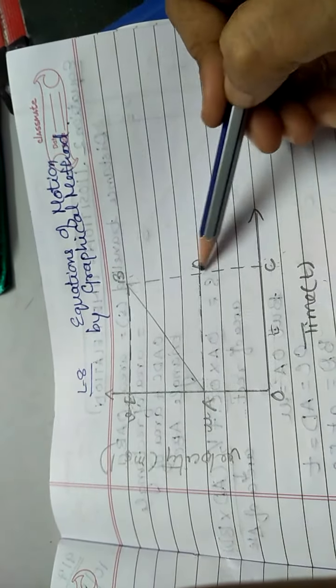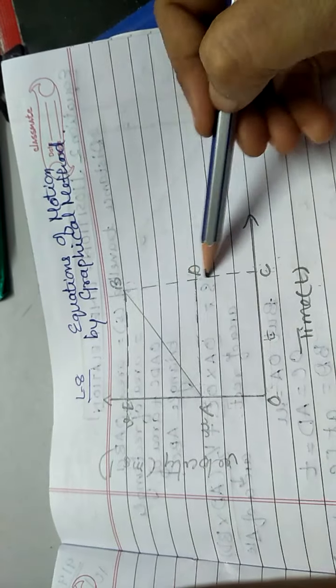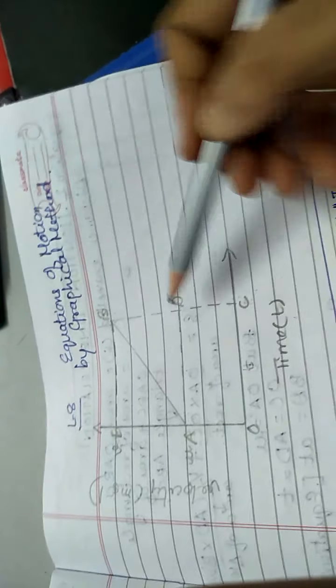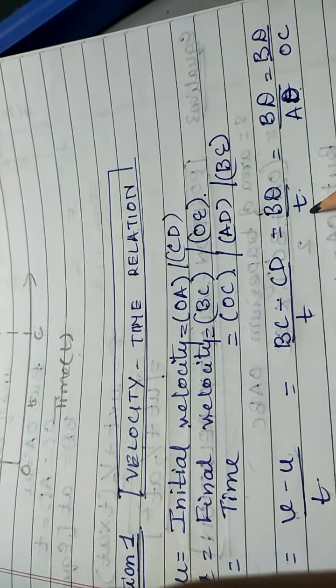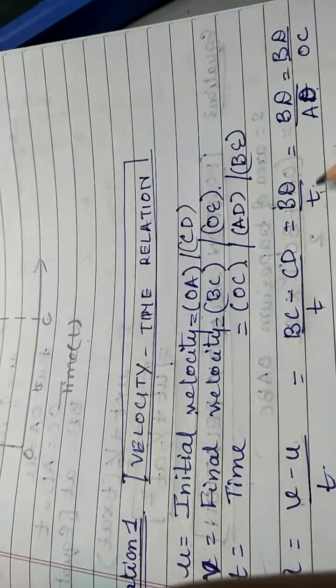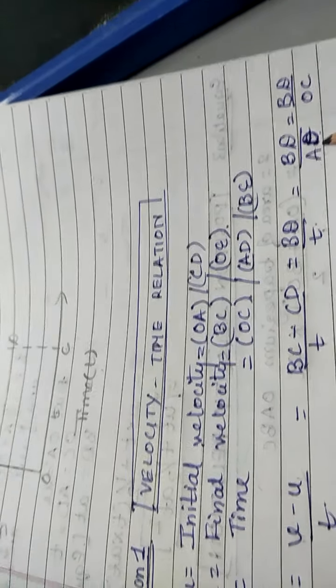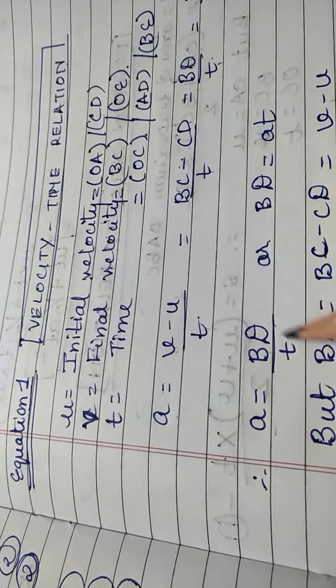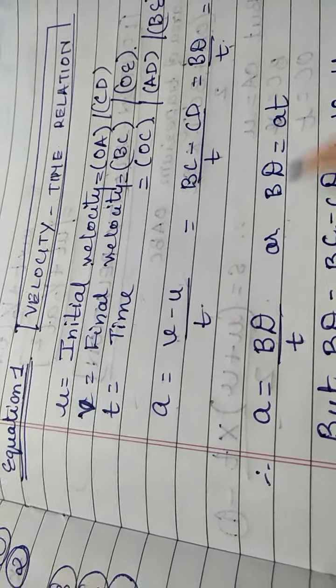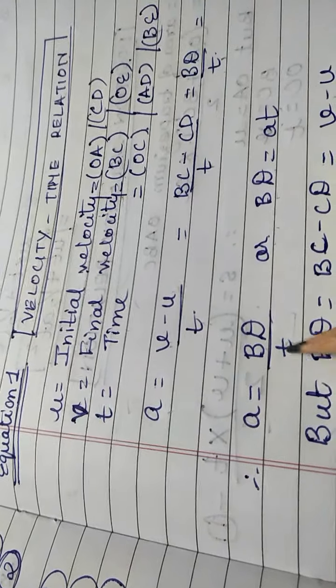So BC minus CD gives you what? That is BD. So BD upon t. Now t can be OC, AD, BE. So BD upon AD or BD upon OC. So a is equal to BD upon t, or BD is equal to at, by cross multiplication.